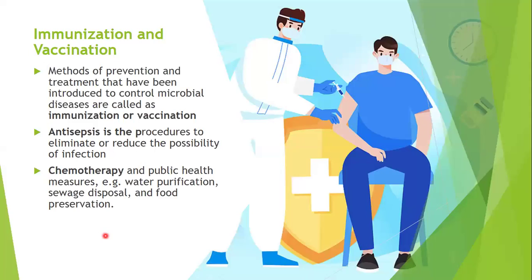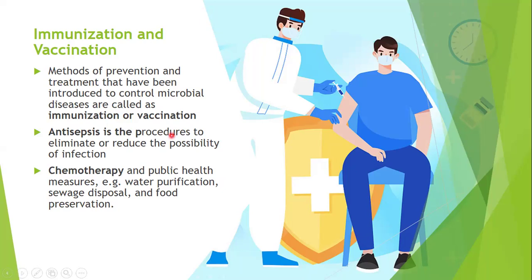The third method is immunization and vaccination. This method is very useful for special treatments against viruses, just like the COVID-19 virus, which was countered through the injection of different types of vaccines. The methods of prevention and treatment that have been introduced to control microbial diseases are called immunization or vaccination.